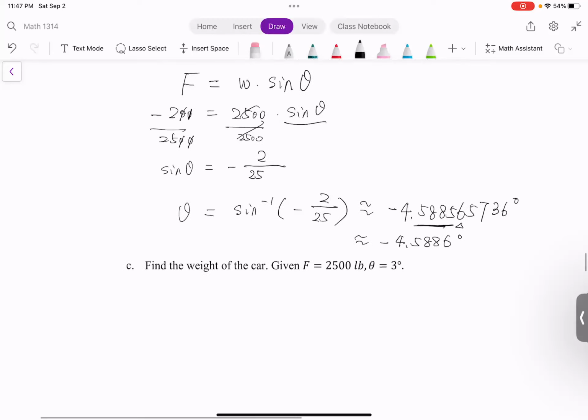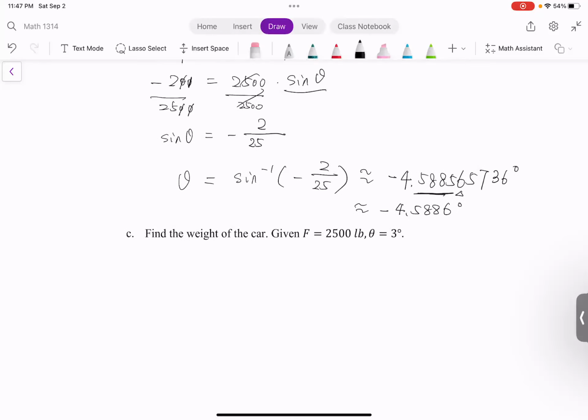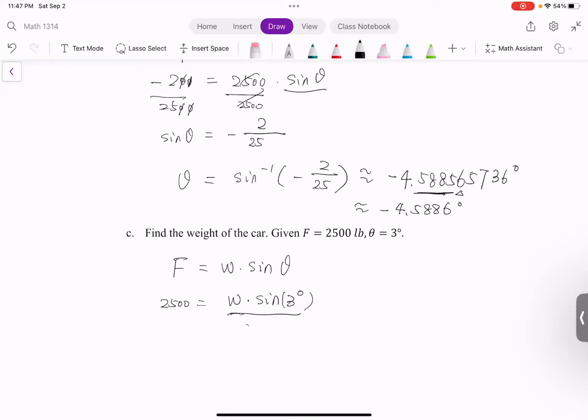All right, let's see the next one. Find the weight of the car. Given F is 2,500 pounds, theta is 3 degrees. List the formula: F equals W times sine theta. F is 2,500, W is unknown, and sine theta is sine 3 degrees. To isolate W, we divide by sine 3 degrees.